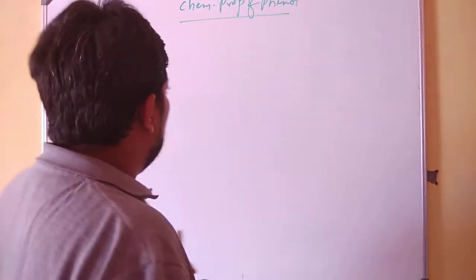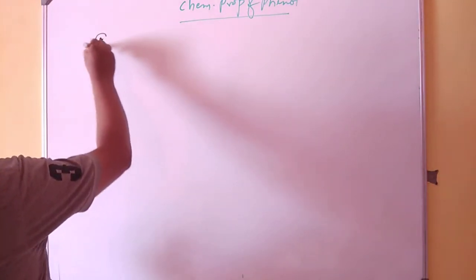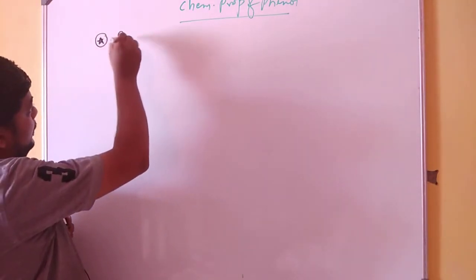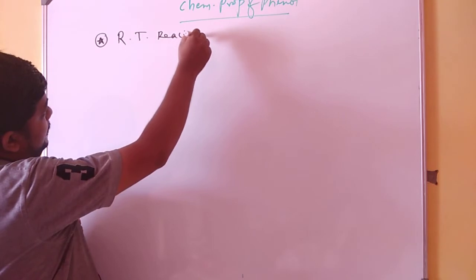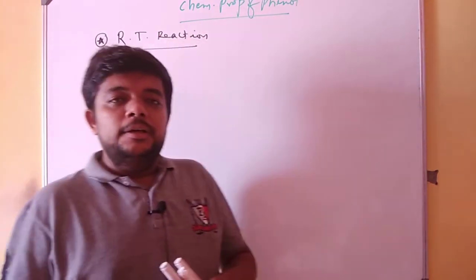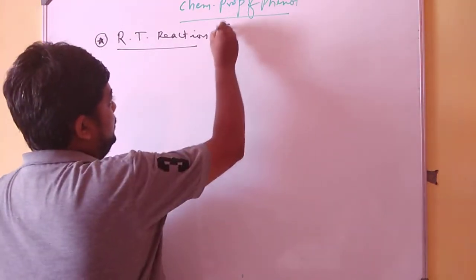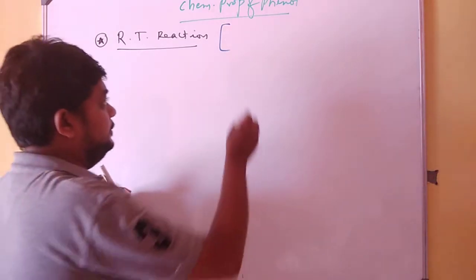Friends, over here we will be involving a few popular reactions starting from Reimer-Tiemann reaction. See, always remember, whenever we say Reimer-Tiemann reaction, it is used for the formation of two popular compounds using two different reagents.